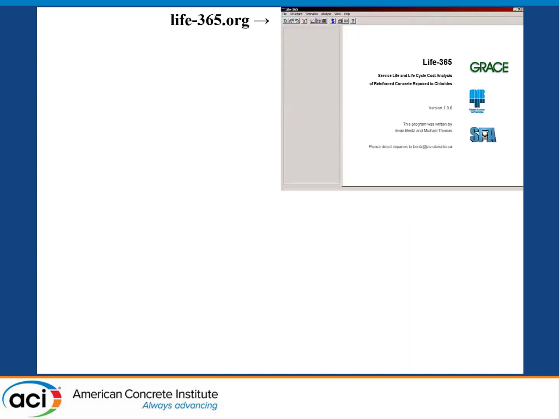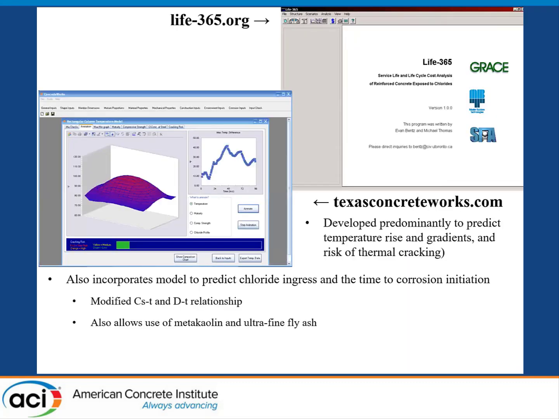I'm going to be comparing this model with a more recently developed model that was incorporated in Texas Concrete Works. Texas Concrete Works was developed predominantly to predict temperature rise and gradients and risk of thermal cracking, but it does incorporate a model to predict chloride ingress and the time to corrosion initiation.